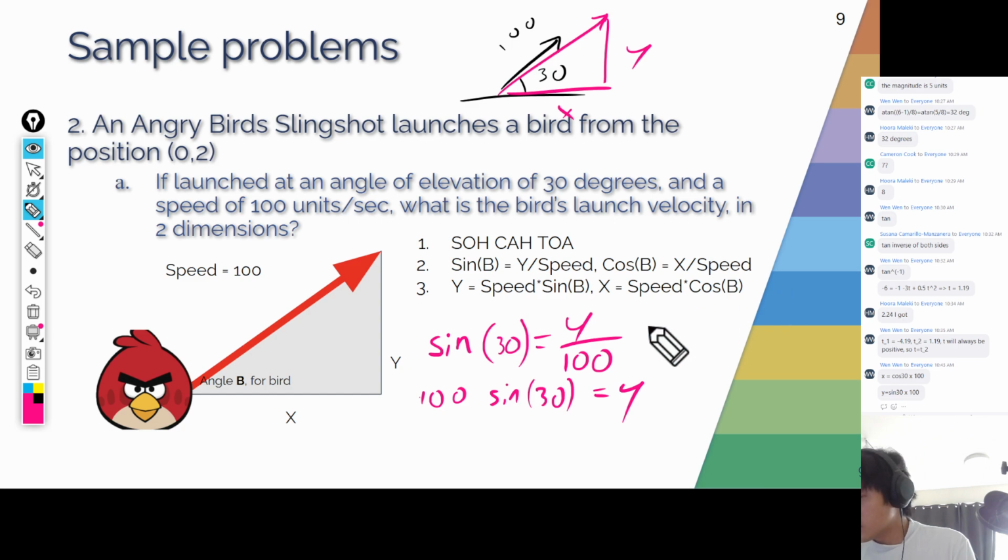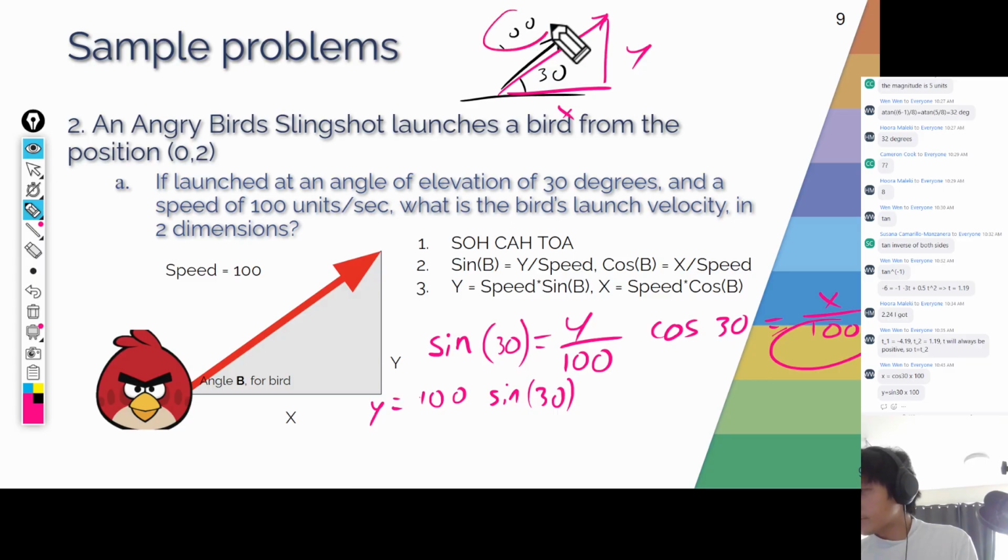Easy. Or y equals that. Okay, and you do the same thing for x, because cos 30 is going to be x over 100. More generally speaking, 100 is our speed variable, right? That's speed. So whatever speed you set, that's what's going to go there, right? And whatever angle you set, that's what's going to go here.